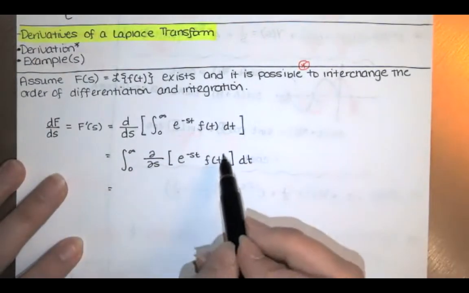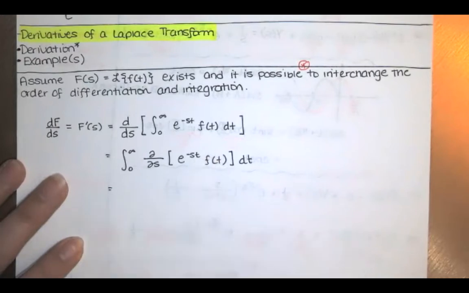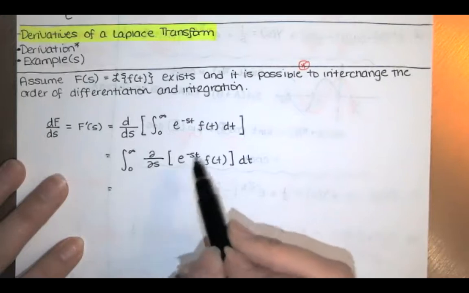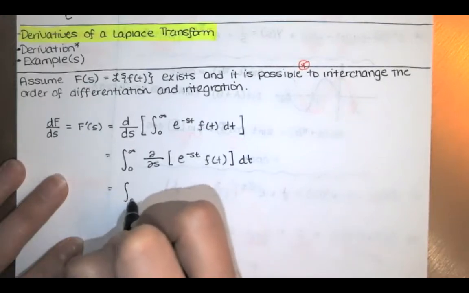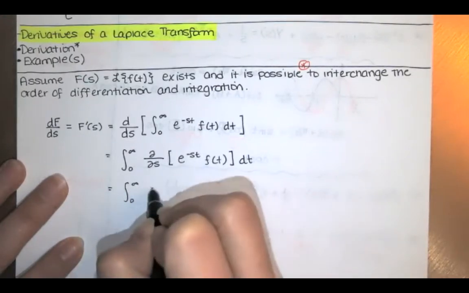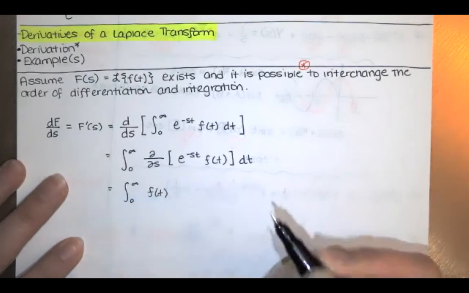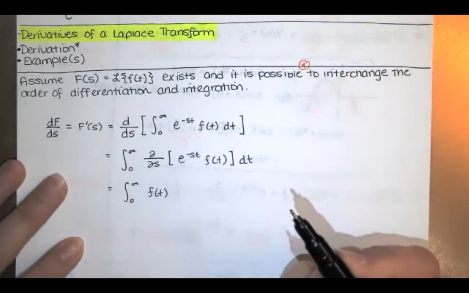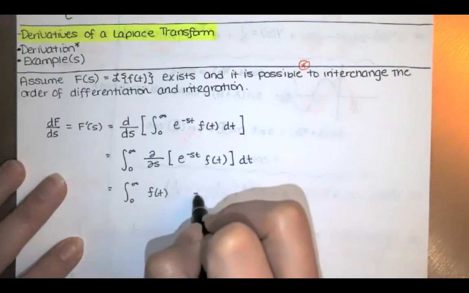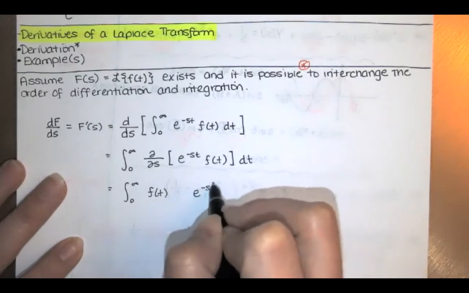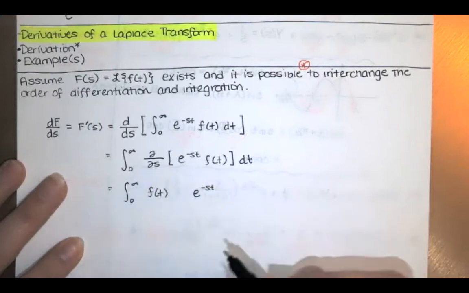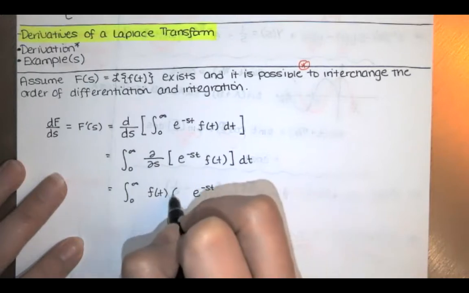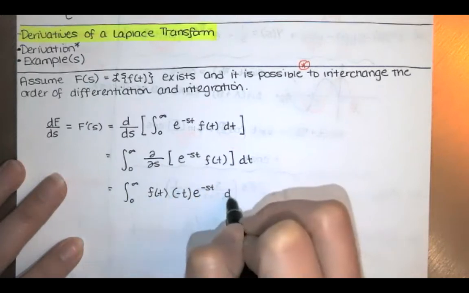Well, in that case, we've got a function of t, which we're treating as a constant whenever we're taking a partial derivative with respect to s, times e to the negative s times t. Then I would bring the constant down, and then I take the derivative of e to some power. It's going to be e to that power times the derivative of the inside with respect to s, treating t as a constant. So that's going to give us a negative t here.